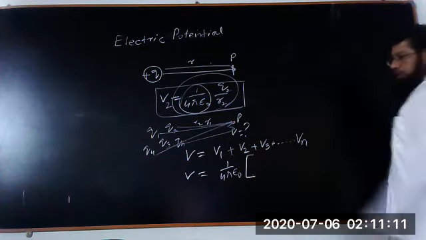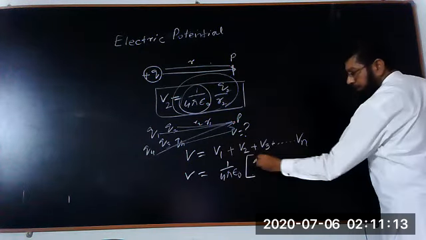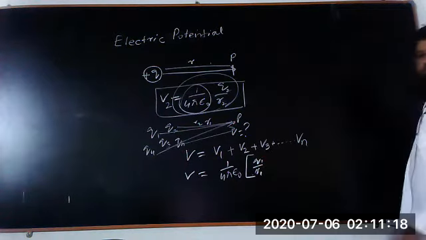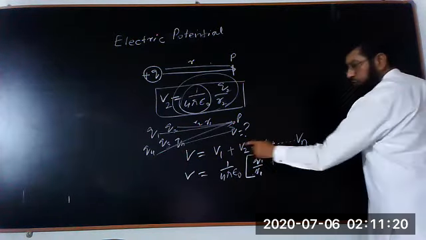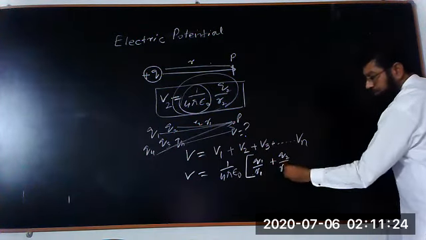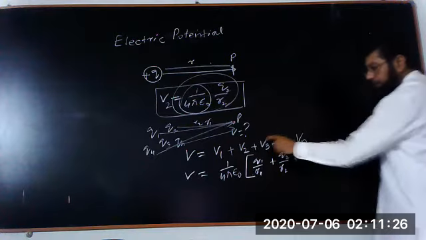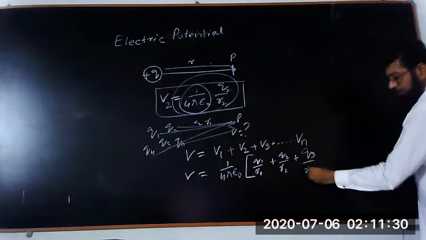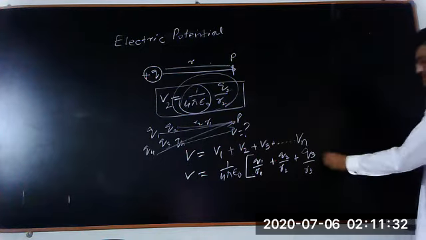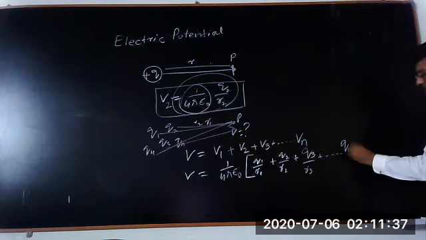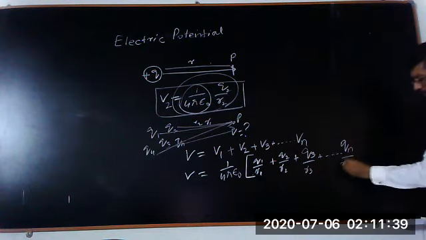V1 is due to Q1 at distance R1, V2 is due to Q2 at distance R2, V3 is due to Q3 at distance R3, and so on up to Qn at a distance Rn.